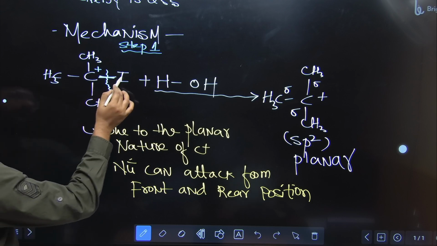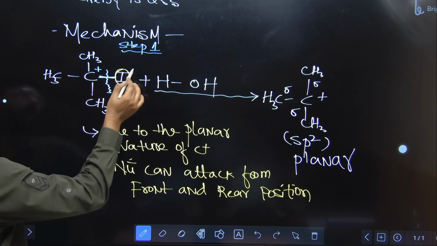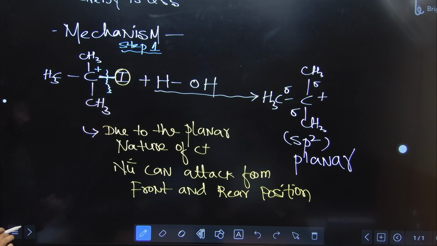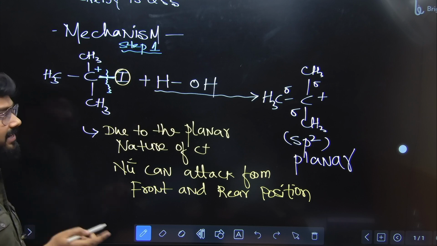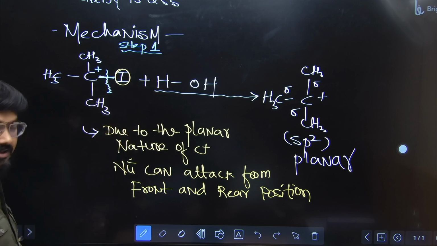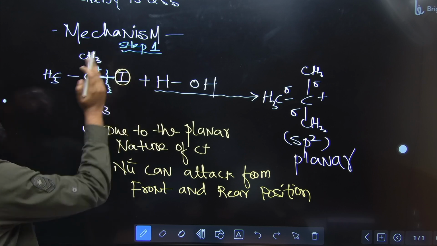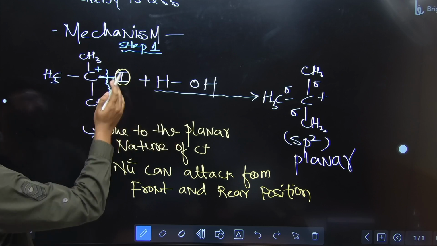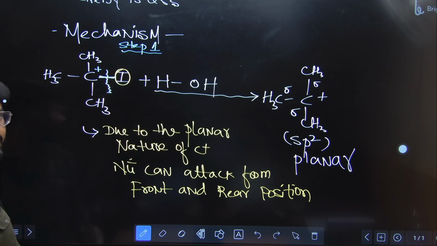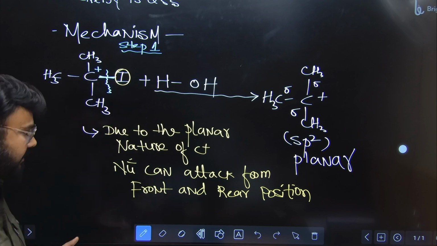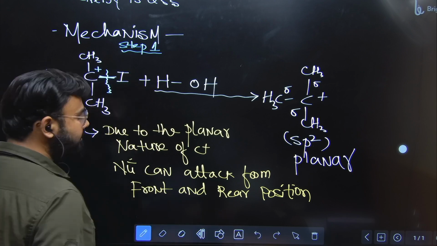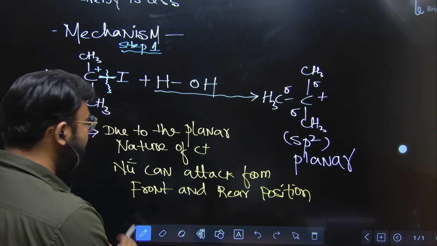When the new nucleophile comes at the same position as the iodine, it is called an attack from the front. But if the new nucleophile comes exactly opposite to the position of iodine, then it's called an attack from the rear. Is it clear? Online, is everyone clear? How do we know the front and rear?